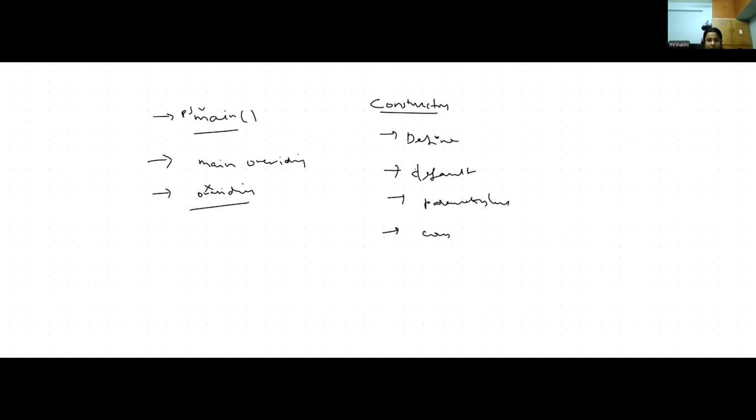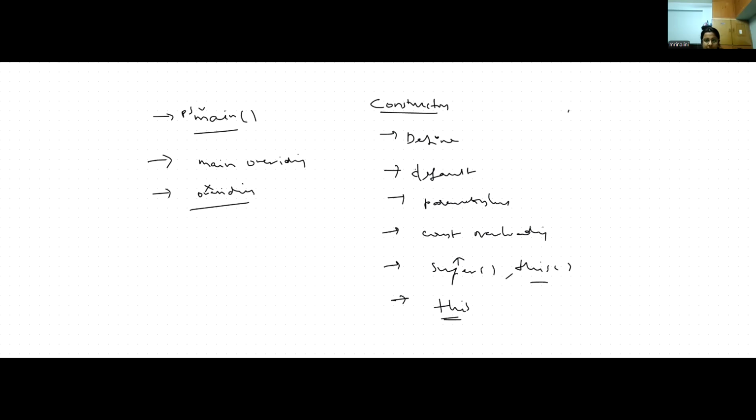Then what is the use of super and this constructor calls, the parent class constructor call and current class constructor call. Then after that we understood the this keyword as well.